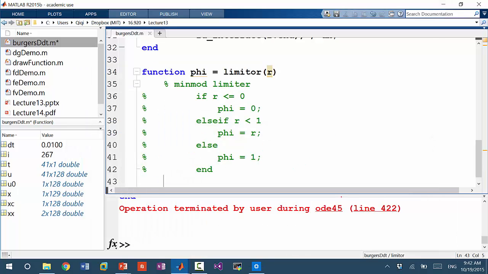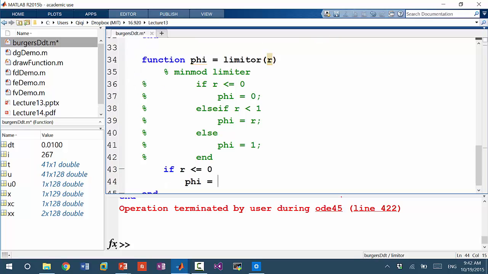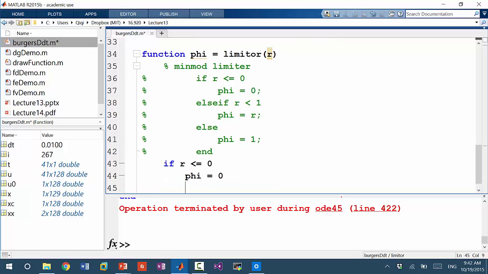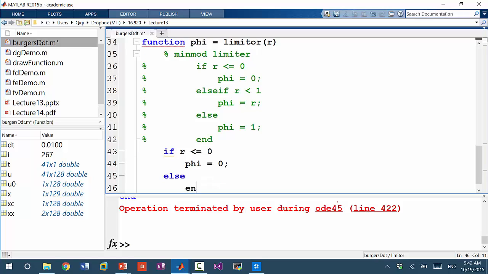I always have, if r is less than or equal to 0, phi has to be equal to 0. That's a commonality between all permissible limiters, but the other case can be different. So for example, if I want to do a Van Leer limiter, the formula would be equal to 2 times r divided by r plus 1.